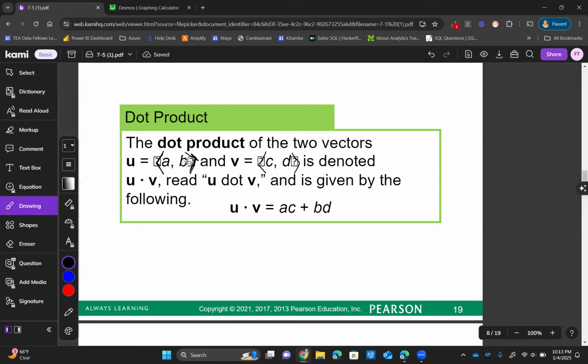If we want to find the dot product between these 2 vectors, the notation we need to use is u dot v, and we read this as u dot v, and here is the formula for the dot product. We will multiply a by c, plus we will multiply b by d, and then we will add them up to find the dot product.